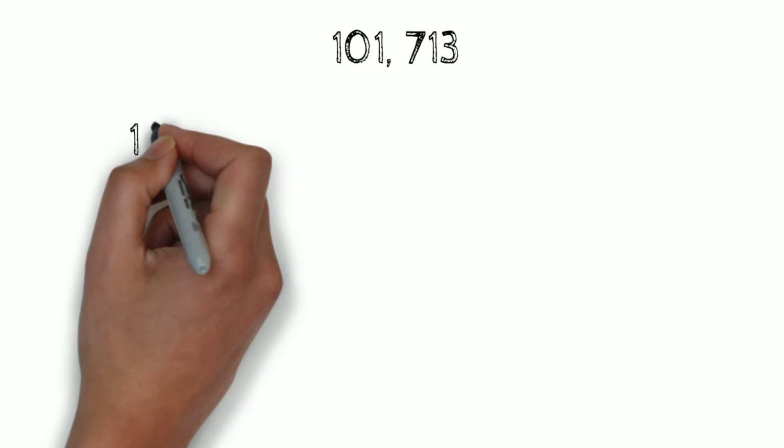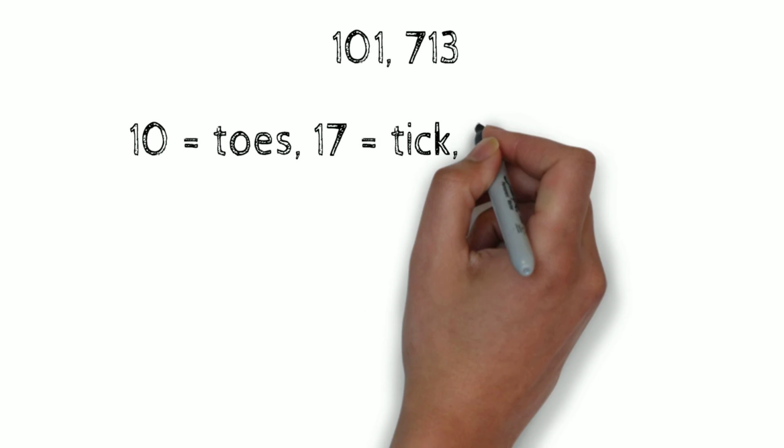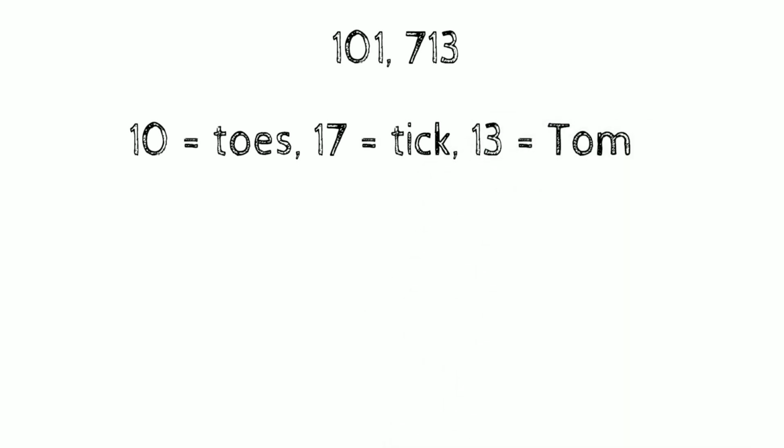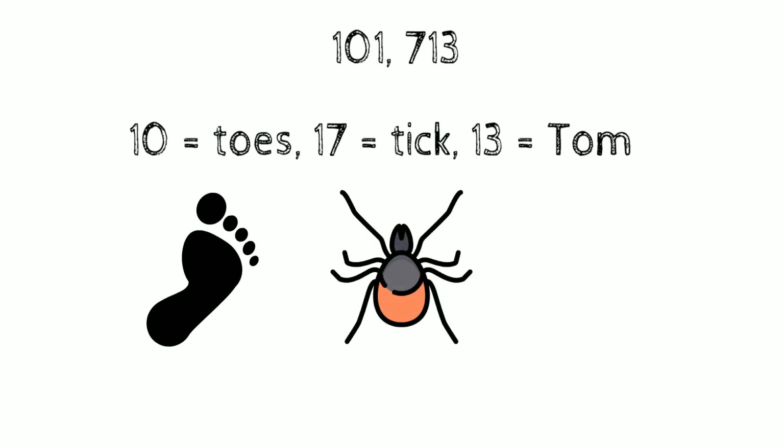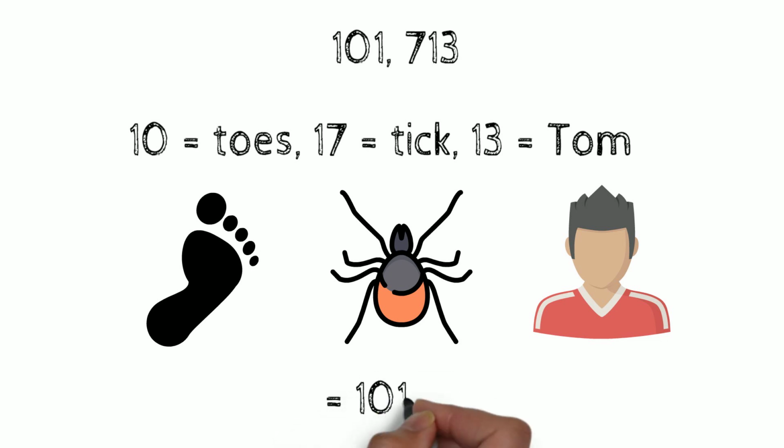So you can break it down like this. 10 equals toes, 17 equals tick, and 13 equals Tom. So use a silly story to memorize this number. Here we go. Imagine your toes being bitten by a huge tick and your friend Tom, being so brave, is helping you to remove it.